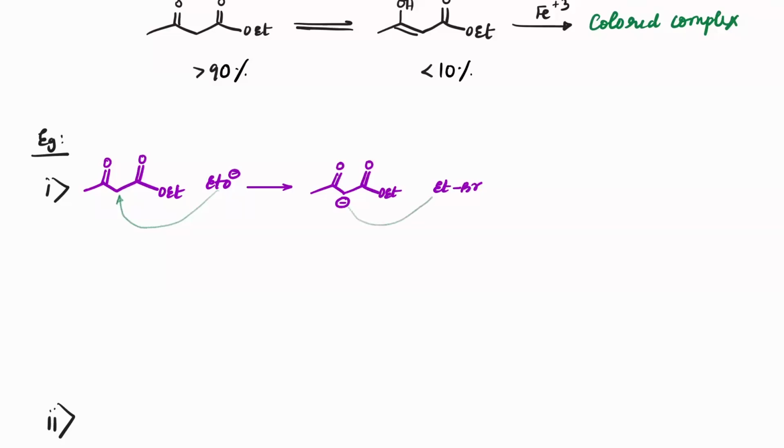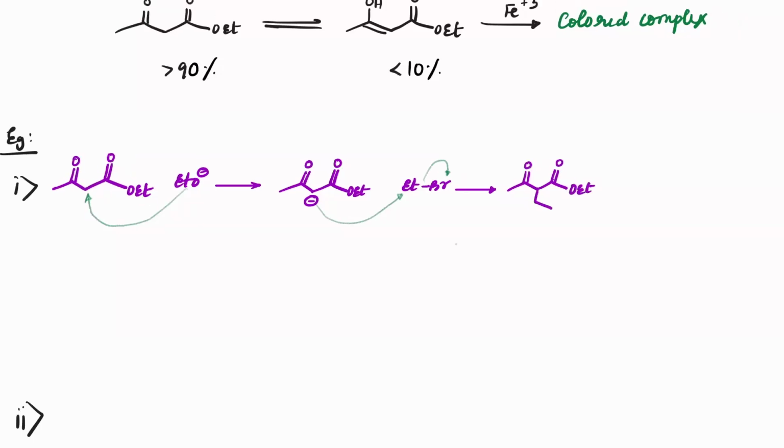So this minus would attack on ethyl, bromide will come out, and it will make the product with double bond O, double bond O, OEt, and ethyl getting substituted here.